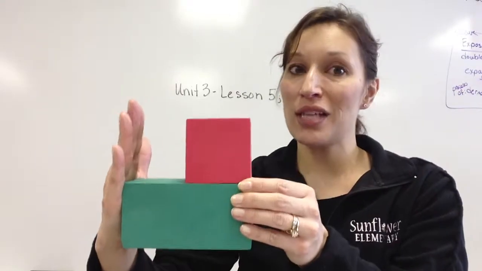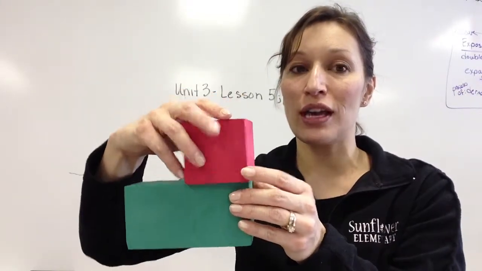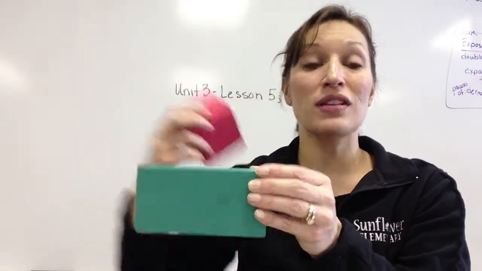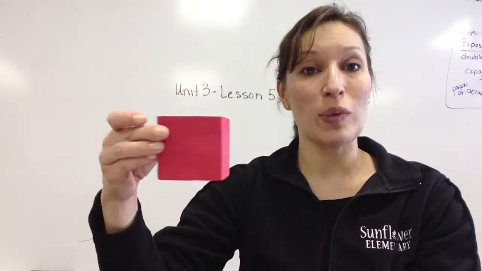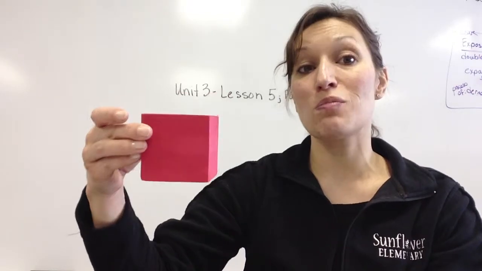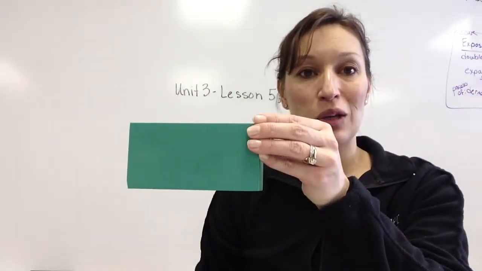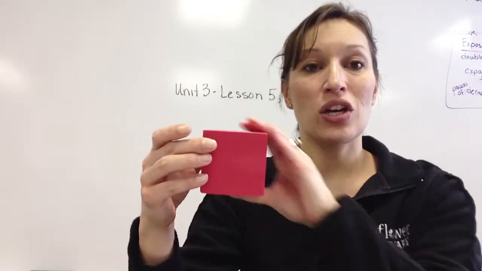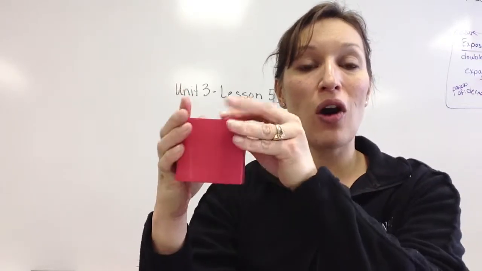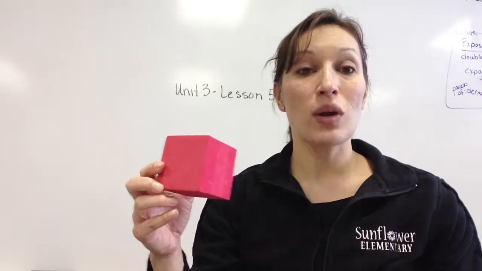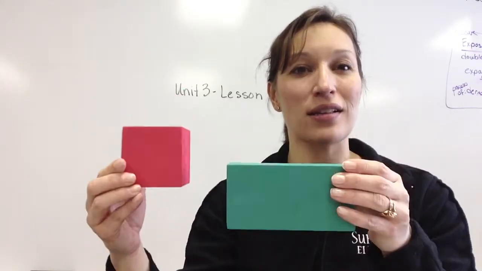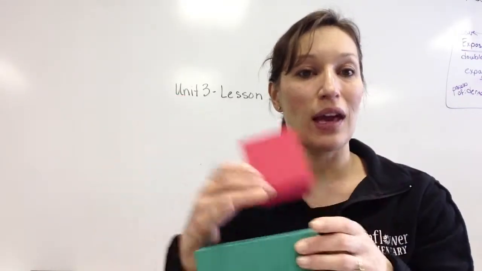If I turned him into rectangle face and I kept turning him, he would have the same faces as this rectangular prism. So a cube is really a fancy or special rectangular prism because he's just shortened so that all the faces are square, okay? So really these two are like cousins. They're related, okay?